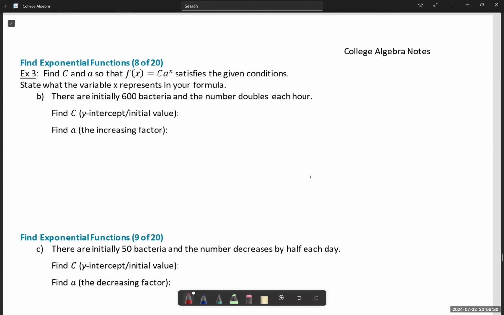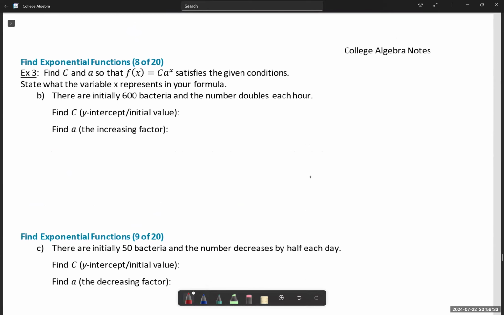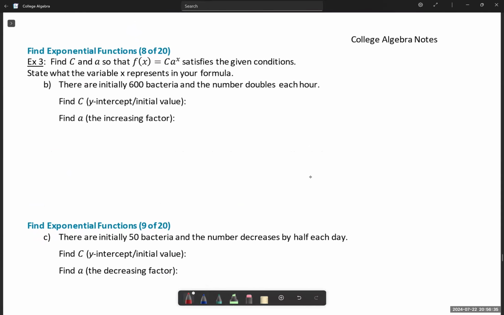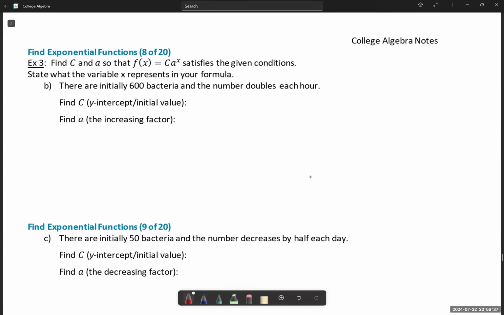So here's another example. Example 3, part B says, let's write another one when they give us the verbiage. Even when they give us the verbiage, I like to still make a table. So it says there are initially 600 bacteria and the number doubles each hour. So starting with 0, I have 600. After the first hour, it's going to double to 1200.